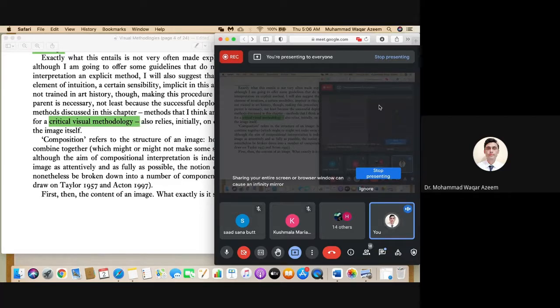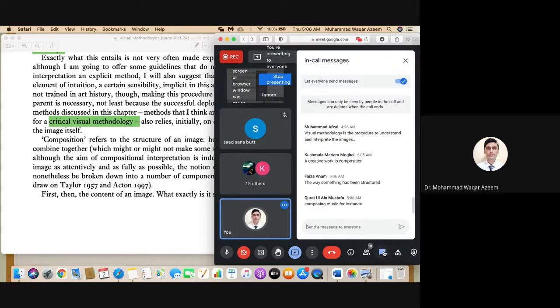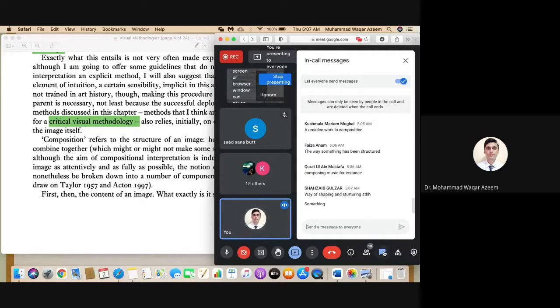So composition of an image as well as composition of an essay or a composition of a poem. Somebody nicely put over here composition of any music. Yes, very good, this is a very good example. Kuratulan says composing music, right? And then Faiza says the way something has been structured. Okay, good. I think that also is important to understand, that all compositions are structures, right? Even if they are abstract in some cases, they are not abstract though, yet, yes, it is structuring something.